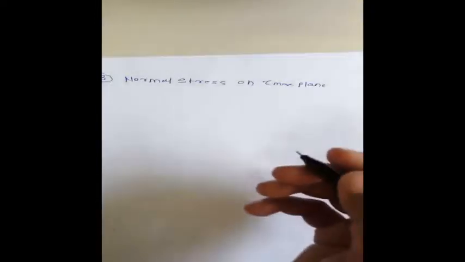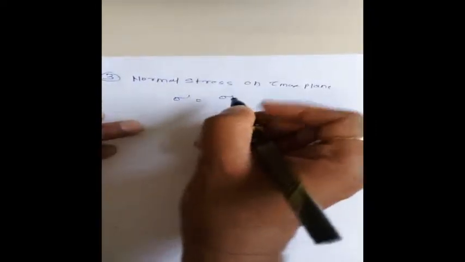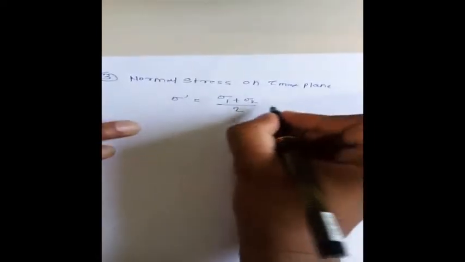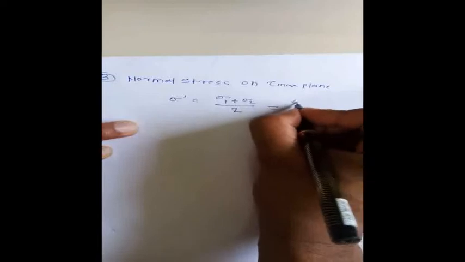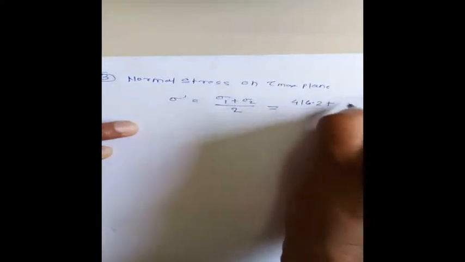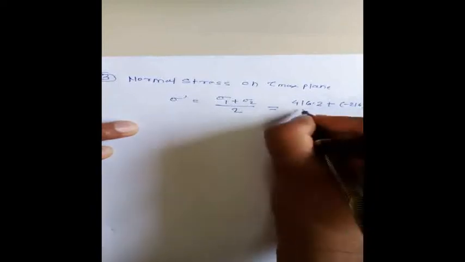So, normal stress on tau max plane. We know the formula of the normal stress on tau max plane is sigma prime equal to sigma 1 plus sigma 2 by 2, and that is 416.2 plus minus 216 by 2.